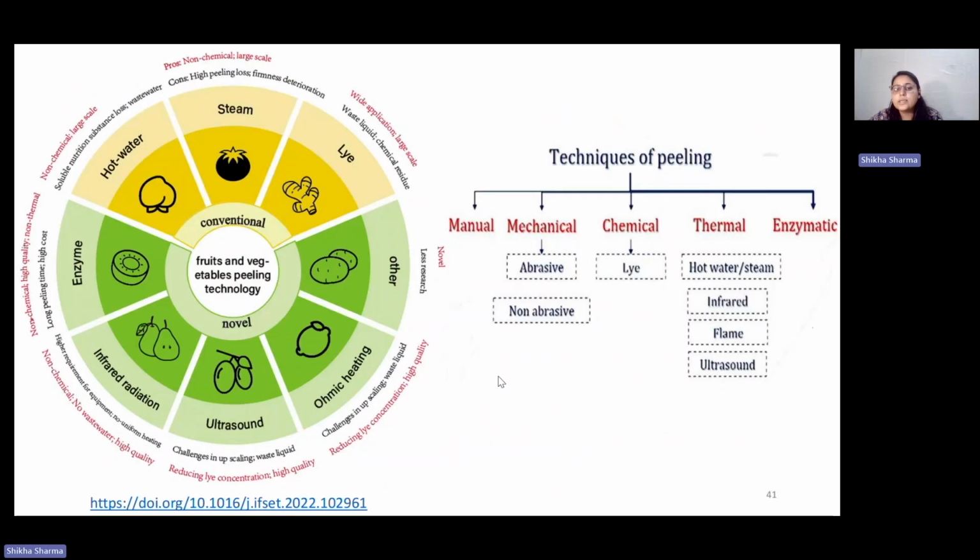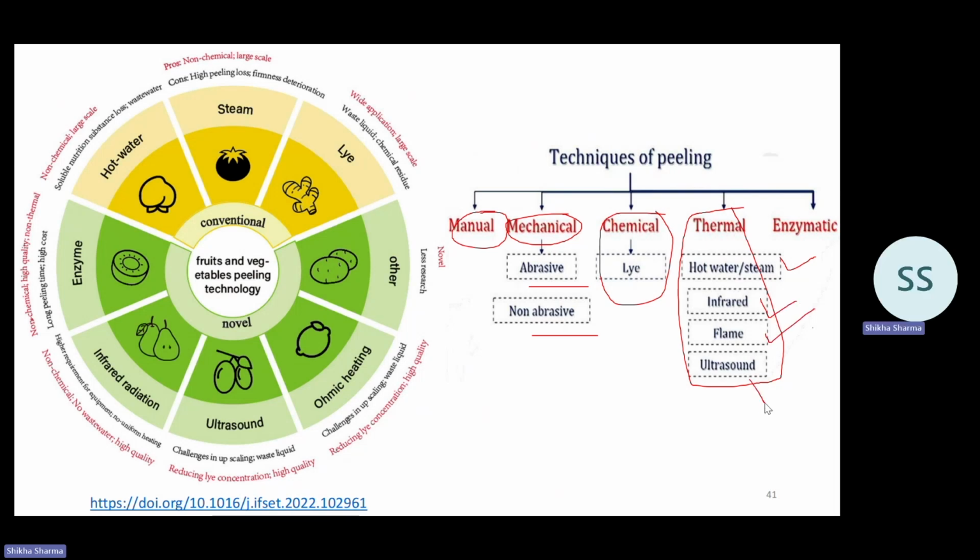So we know already that there are different methods of peeling, like manual peeling, mechanical peeling, which is abrasive and non-abrasive, and chemical peeling with lye, and then chemical thermal methods like hot water, steam, infrared or flame, and ultrasound, and enzymatic peeling.